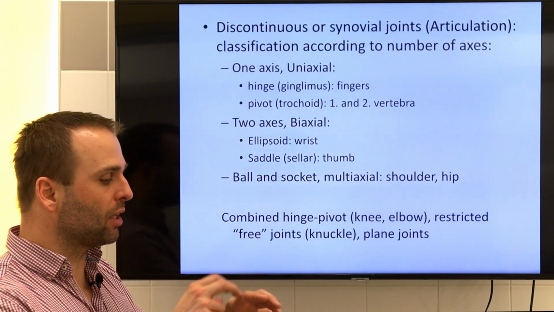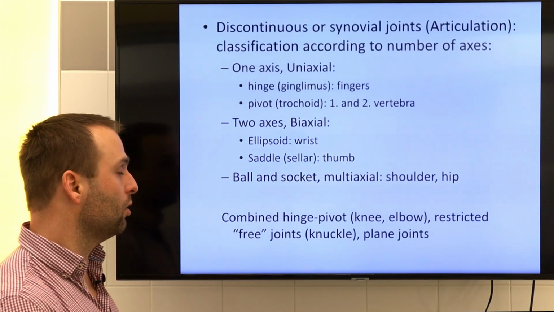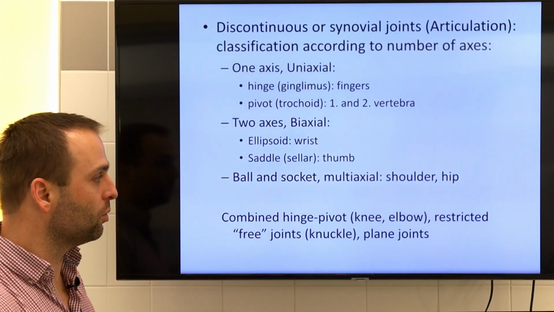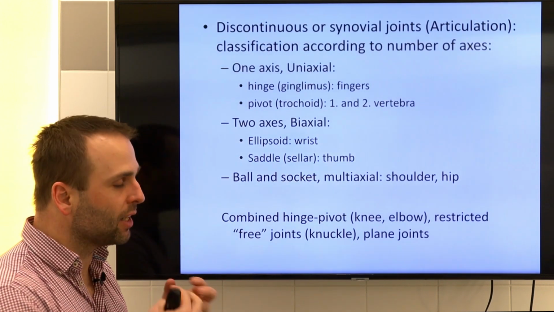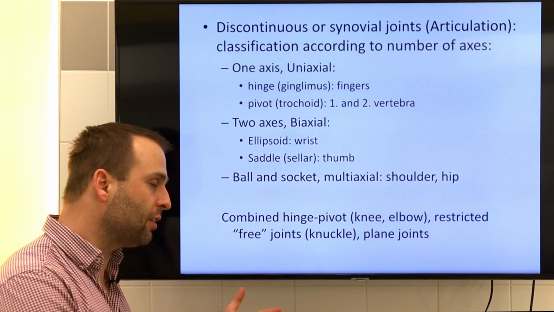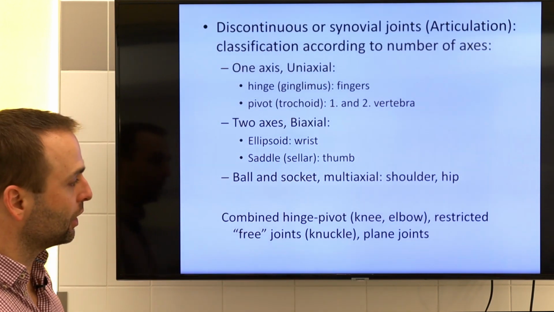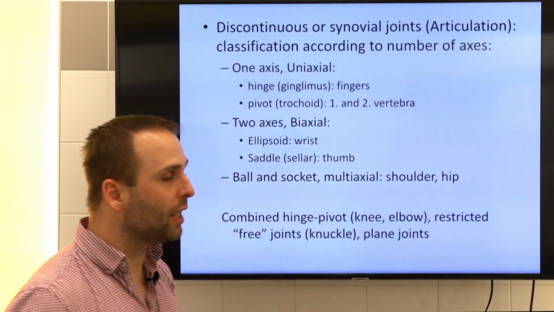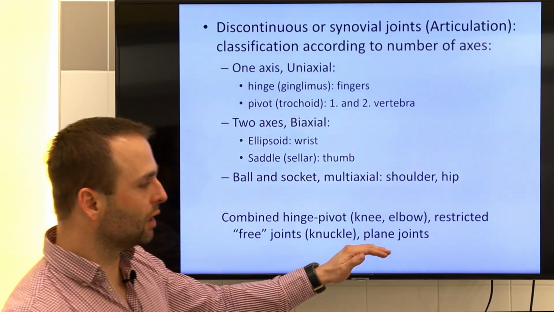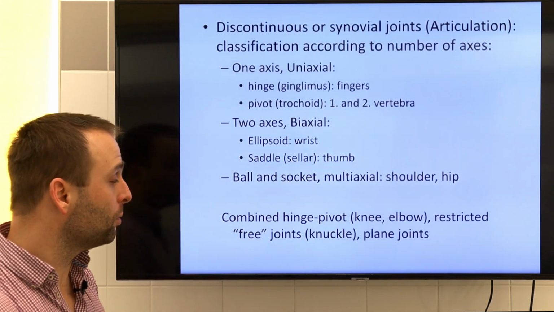connection between the metacarpal bone and the first phalanx of the fingers, or the metatarsal bones of the foot and the toes. So these can move quite freely in specific directions, but the movements are limited in other directions. So that's what restricted free means. And there are also plane joints, which have basically no movement allowed.